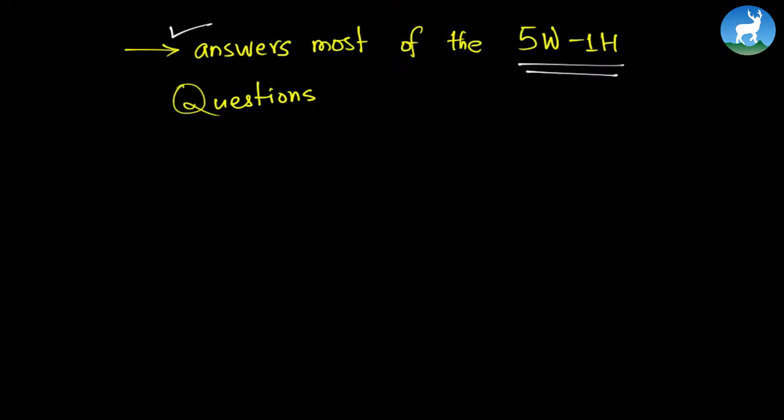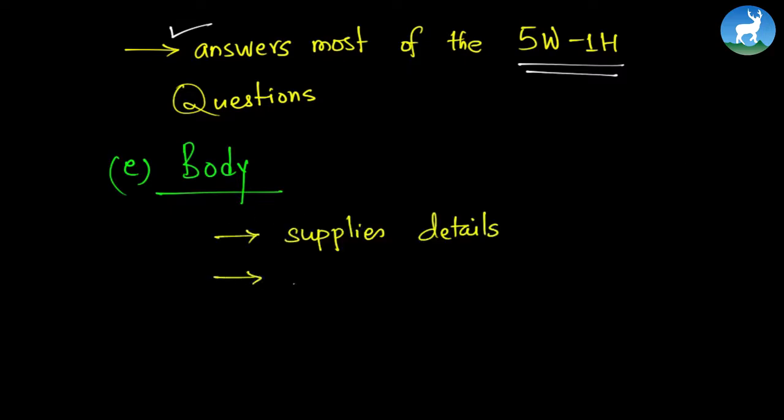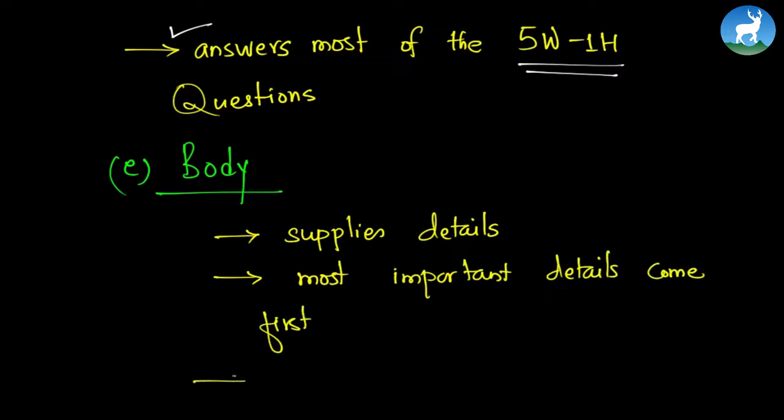Now we come to the fifth part of the key elements, which is called the body, or simply body. Now what does the body do? The body supplies details. The body is the most important part after the lead. So the most important details come first.